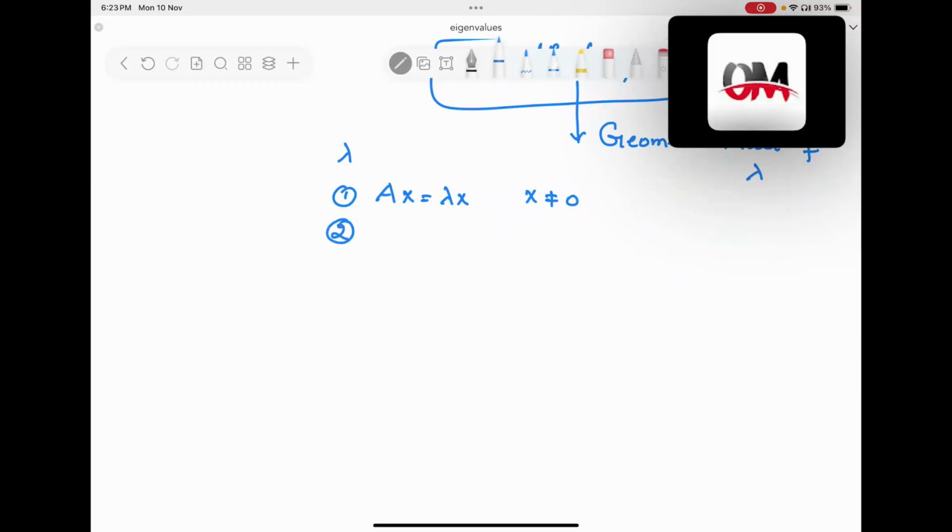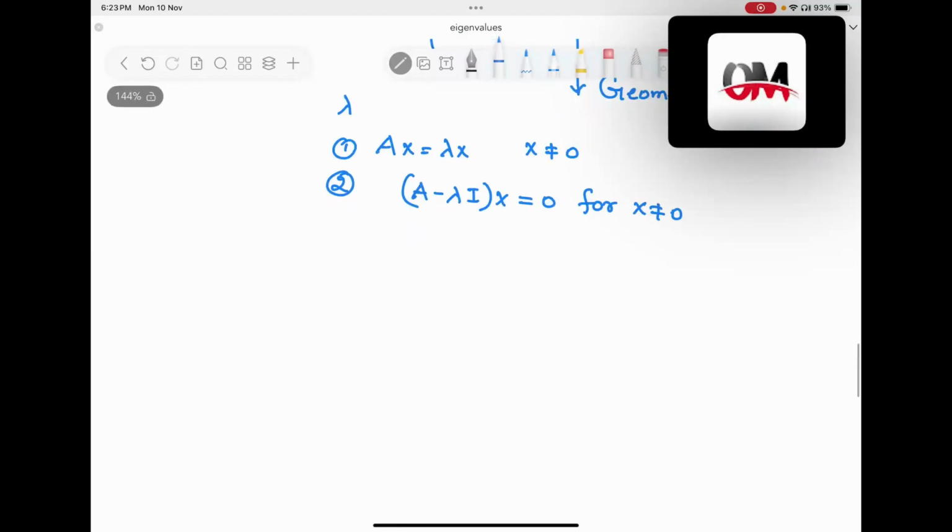So can we write this as (A minus lambda I)x equals 0 for some non-zero x? Both are the same thing, right? Yes, sir. So from the second statement, can't we write that the null space of A minus lambda I is not equal to 0?